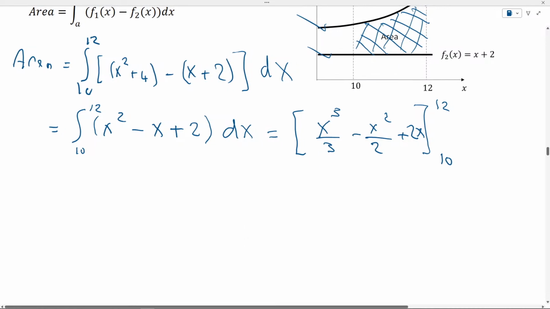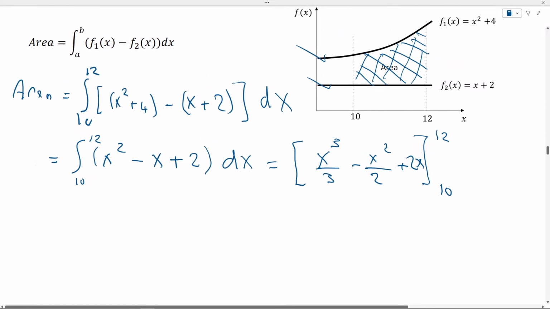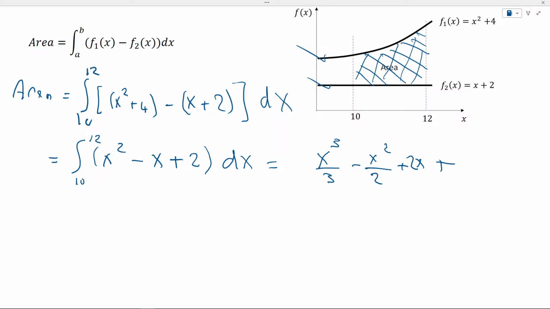Now I need to evaluate this equation. Previously, if that was an indefinite integral, I wouldn't have these bounds, and I would put a constant here. But since this is a definite integral, I know my upper and lower bound, so I can just use these upper and lower bounds here.